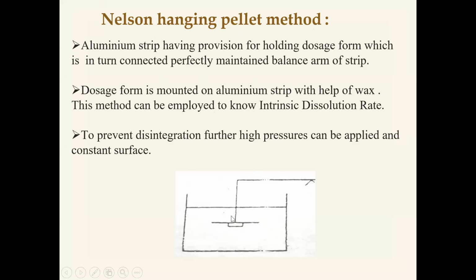This consists of mounting the dosage form on the aluminum strip. This is the aluminum strip. The dosage form is mounted on this aluminum strip, meaning the aluminum strip has a provision for holding the dosage form. Here we are mounting the dosage form.